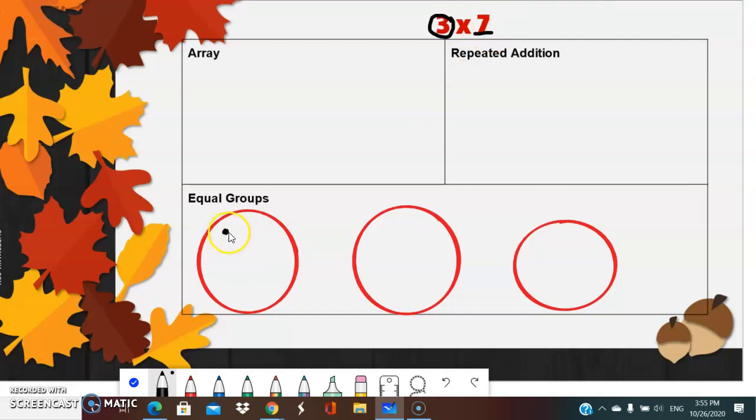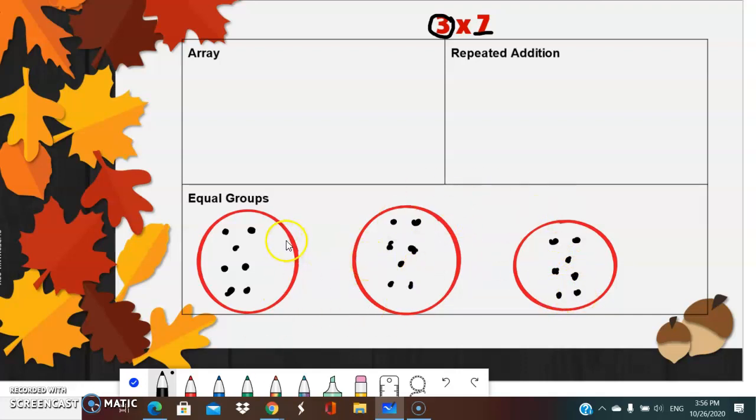So I have here 1, 2, 3, 4, 5, 6, 7. And I'm going to place the same number in each group. 1, 2, 3, 4, 5, 6, 7. Same here. 1, 2, 3, 4, 5, 6, 7.